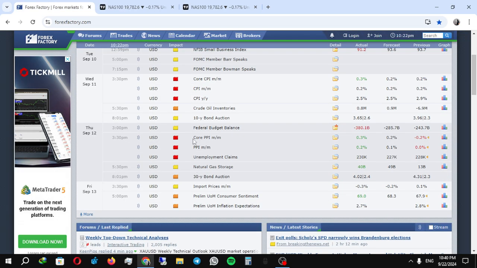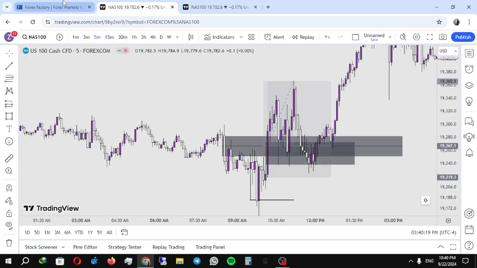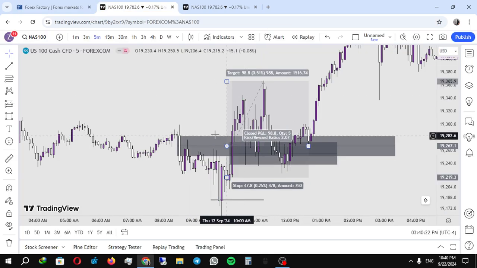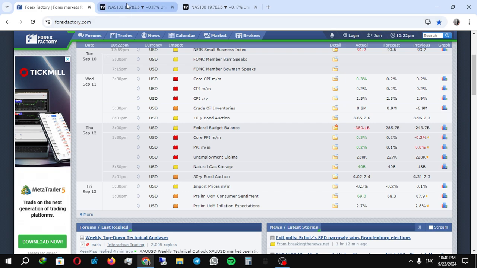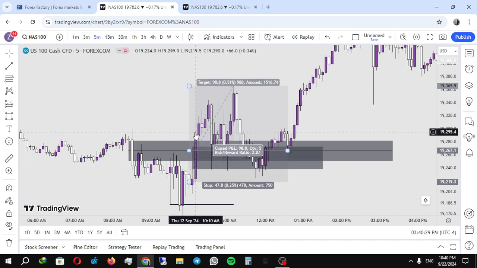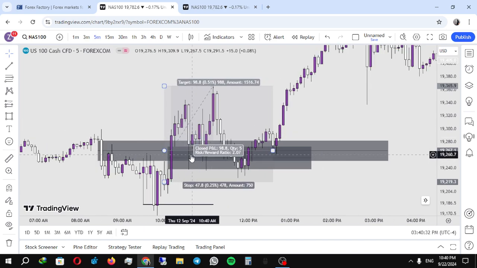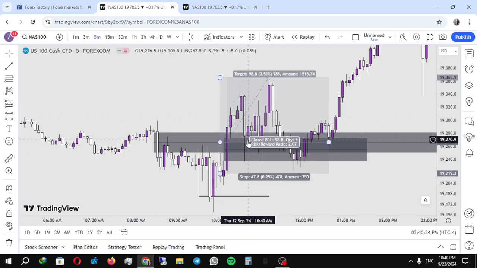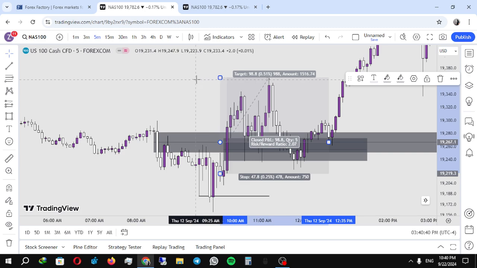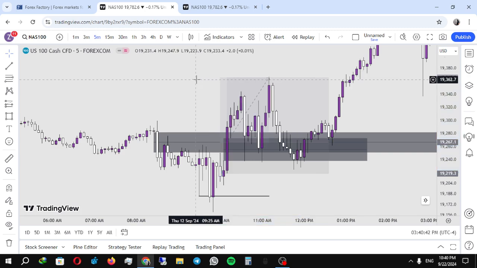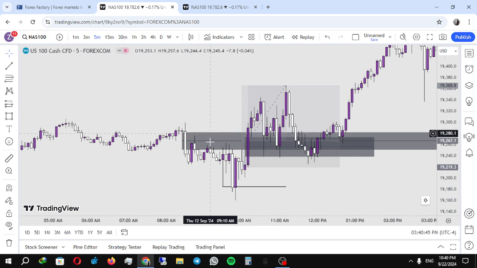So you would limit the price right here, and that would be your first and final TP, 1 to 2R, if you were looking for buys and not sells.